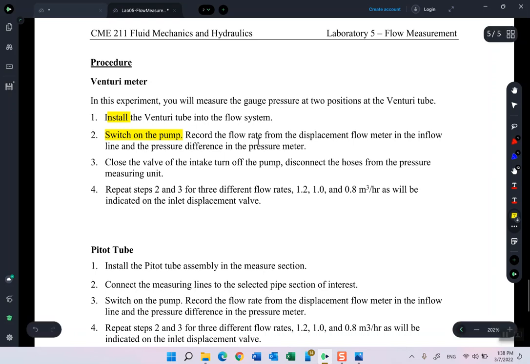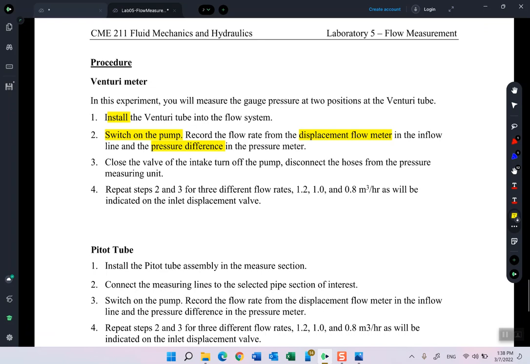I will record the flow rate from the displacement flow meter, and this will be my measured discharge, which represents the actual flow rate. And of course, I will have to get the pressure difference from the pressure meter.